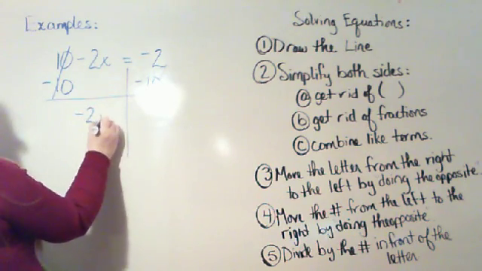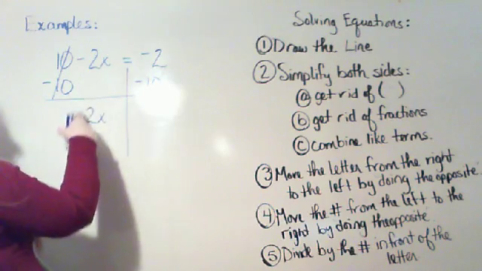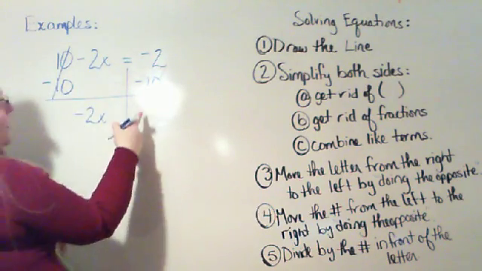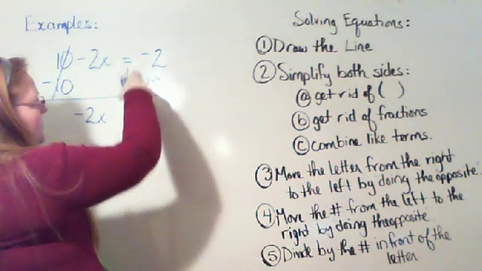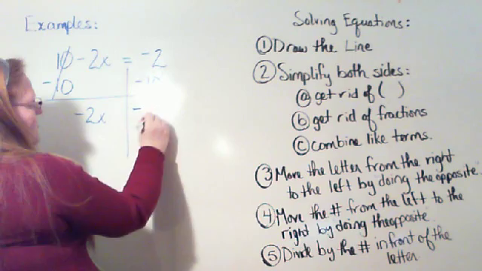So that's negative 2x, because that's what's left. I didn't cancel that one out. I only canceled the 10 part out. Over here, if you owe somebody $2 and then you borrow 10 more, that means you owe $12.